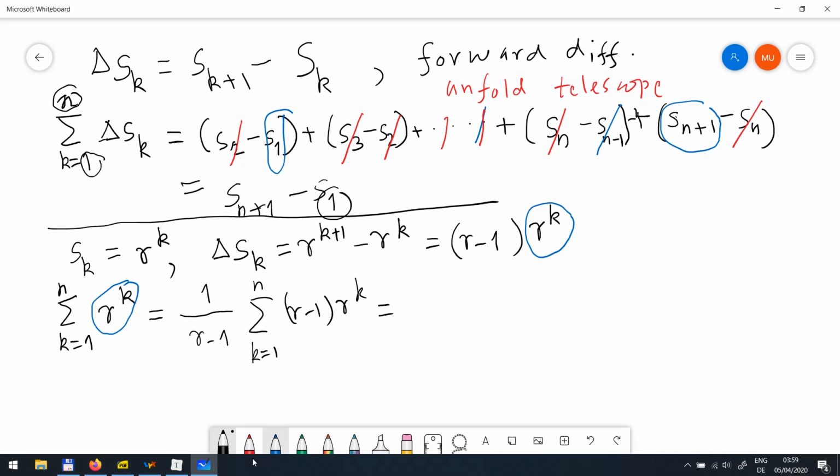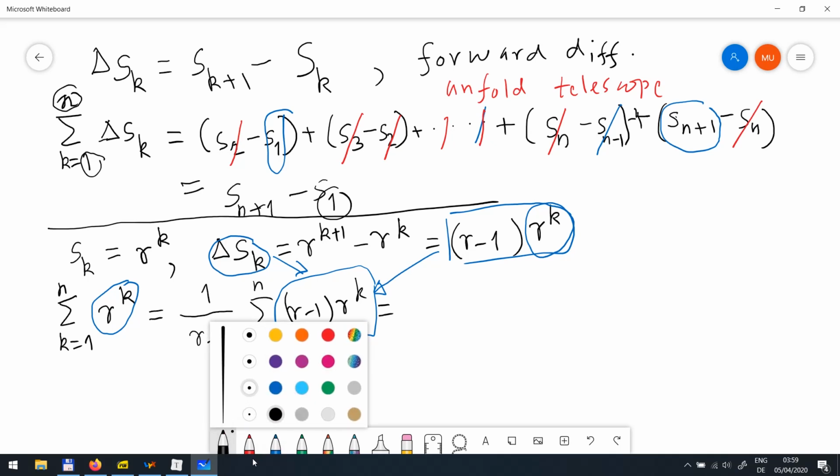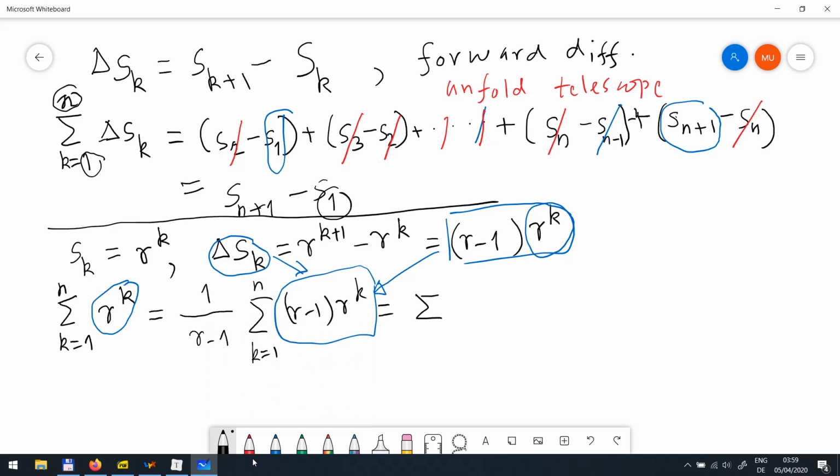I can now replace this with that, because they have to match. Yeah, they have to match. So I'm not doing anything mysterious here.